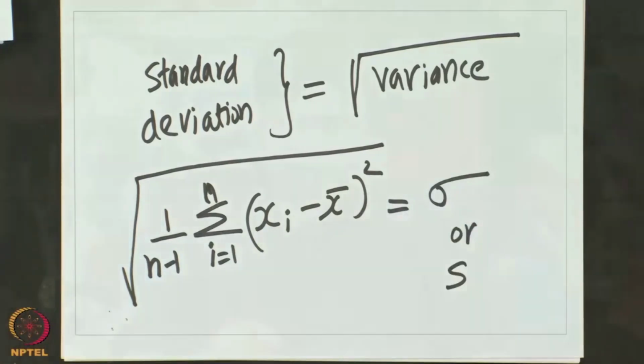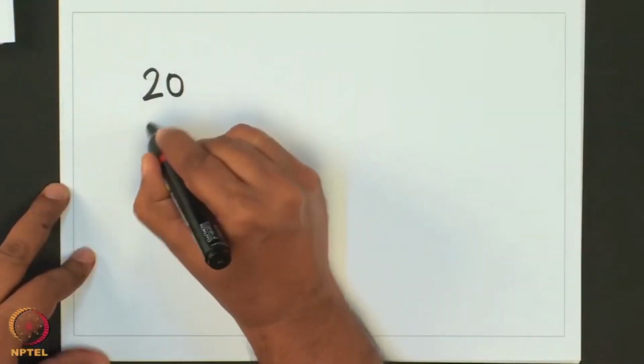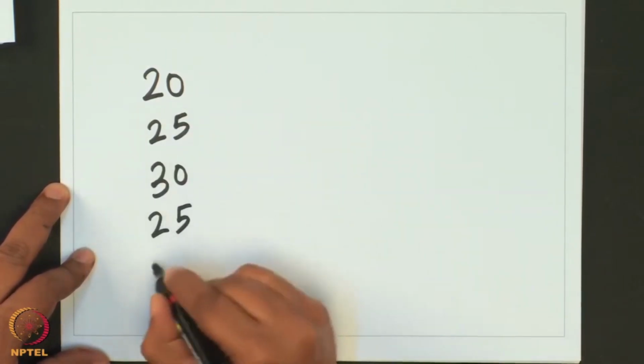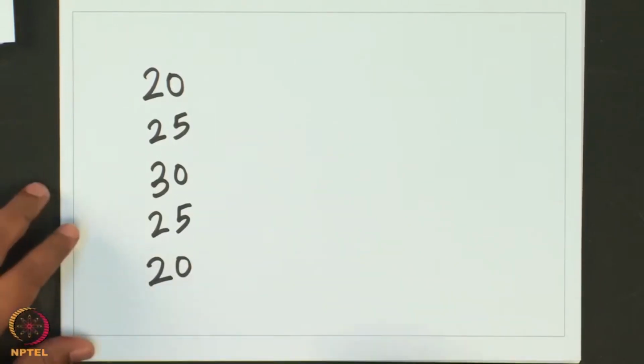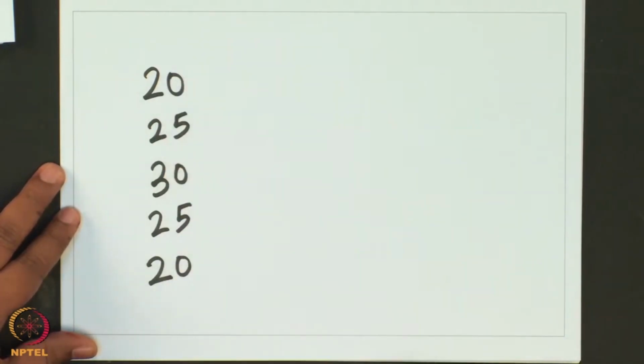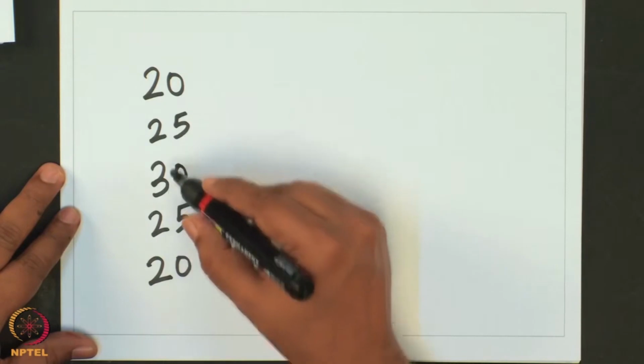So let us take some numbers and calculate the standard deviation as an example. Let us say you measured vitamin D level in a group of people and we got the following numbers: 20, 25, 30, 25, 20. These are the vitamin D levels of 5 different individuals, and we know how to calculate the mean.